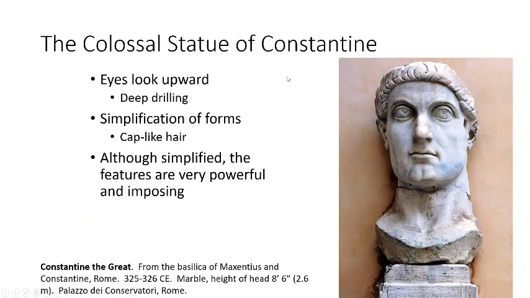It's interesting that when you look at the head itself, the eyes are looking up, and we see examples of the use of that deep drilling, perhaps because of the distance from which the observer had to see this, 30 feet in the air, so that the deep drilling helps to distinguish by using the light and shade.